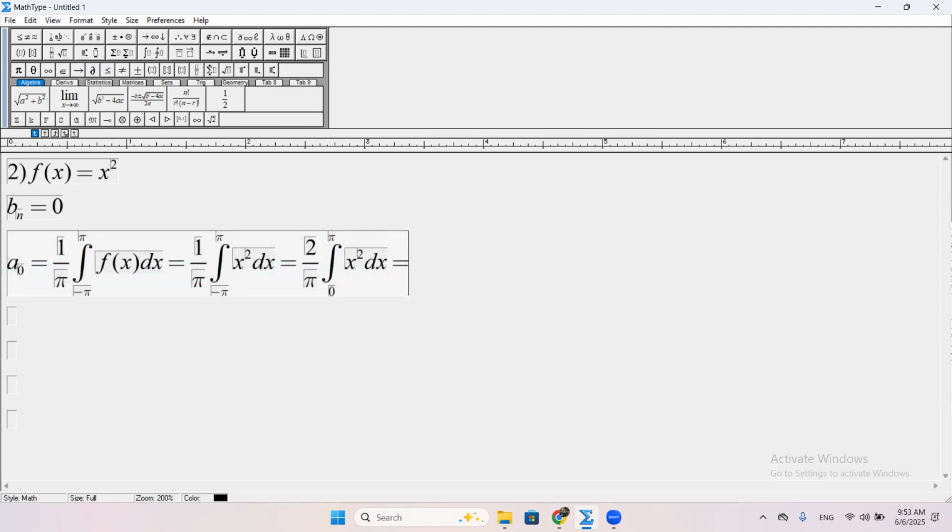So it will be much simpler. So we will receive 2 over p by 1 over 3 x cubed with substitutions from 0 to p. So we will receive 2 over p by 1 over 3 p cubed.